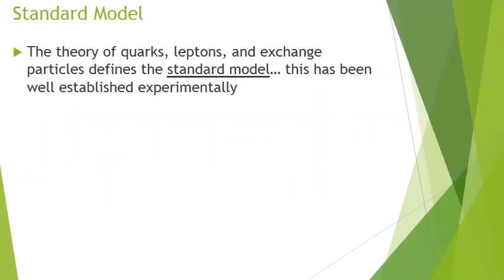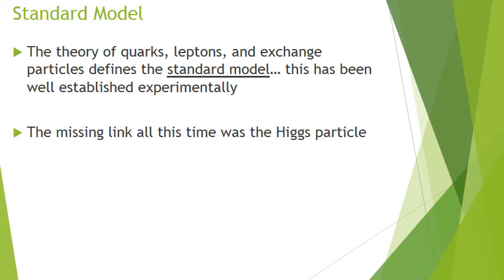Now, the standard model is including all the things we've been talking about: quarks, leptons, the exchange particles. This is defining the standard model, and we have really good experimental evidence for this. Now, the missing link all this time was the Higgs particle, and what the problem was with the weak force.